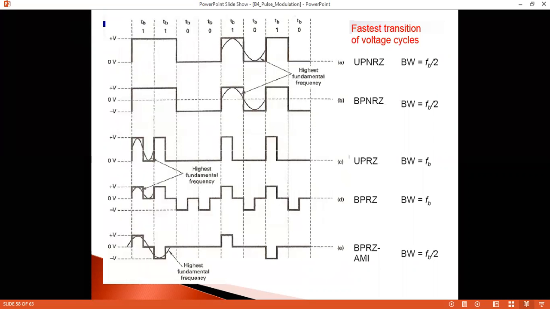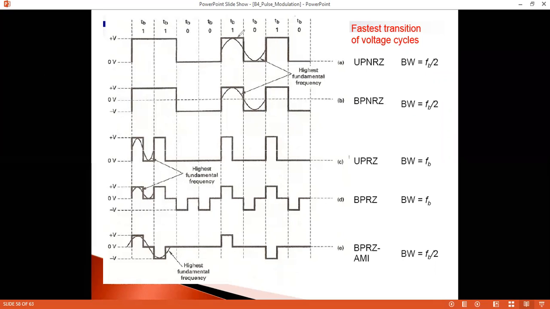Okay, so this slide basically we want to demonstrate how you get this bandwidth that's required to transmit certain formats. The highest fundamental frequency is determined by the fastest transition in the bit sequence.